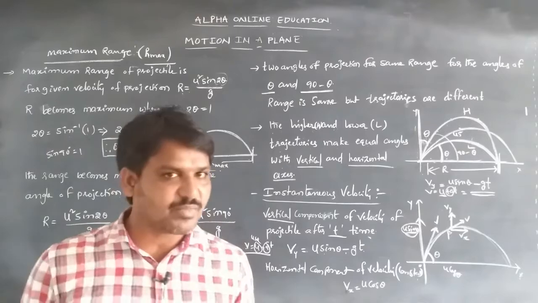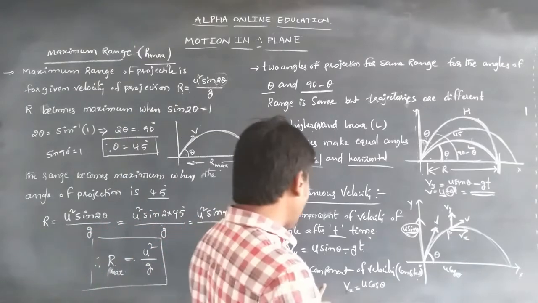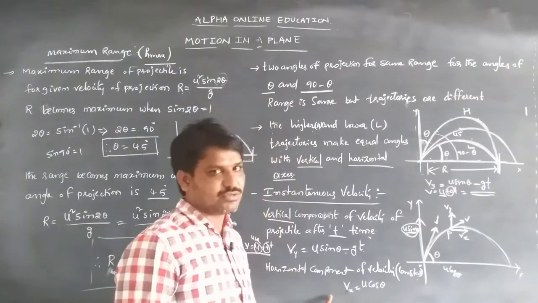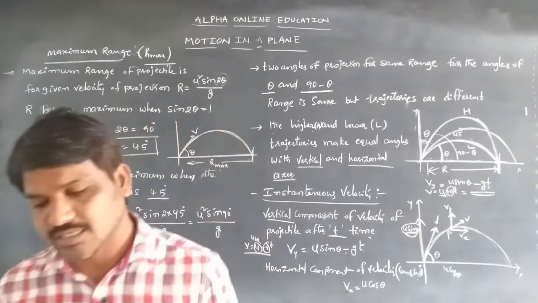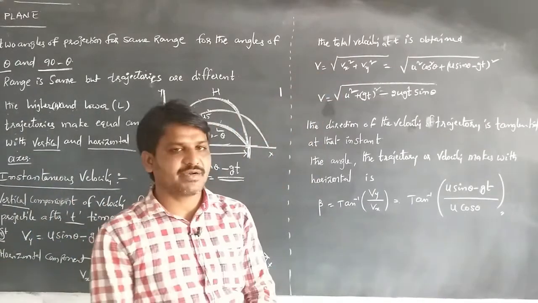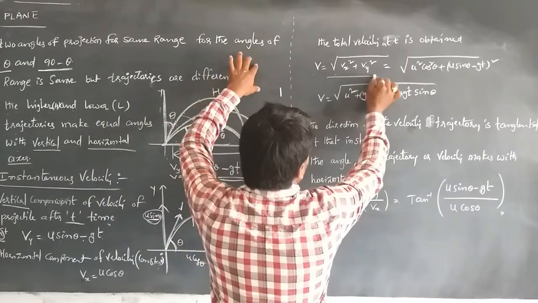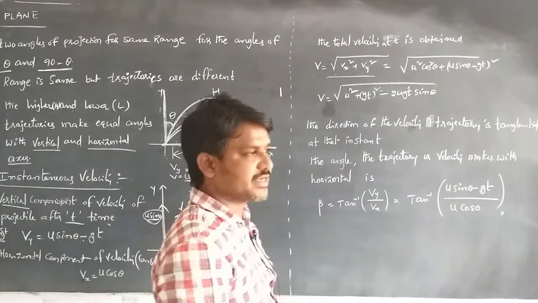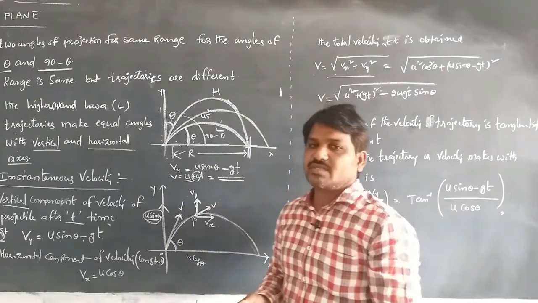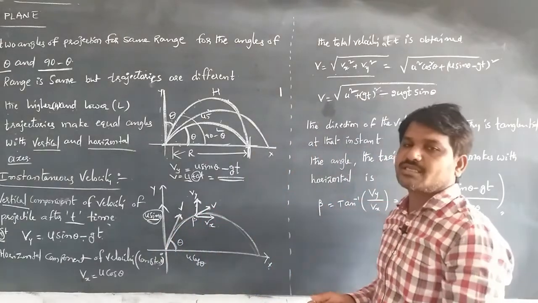To find the magnitude of the resultant, v is equal to root of Vx square plus Vy square, the square root of the sum of squares of the horizontal and vertical components.